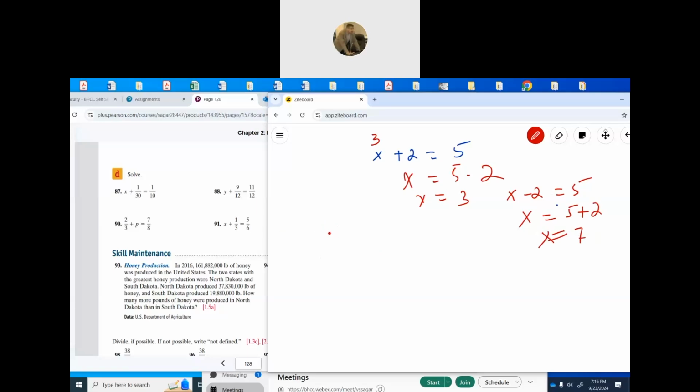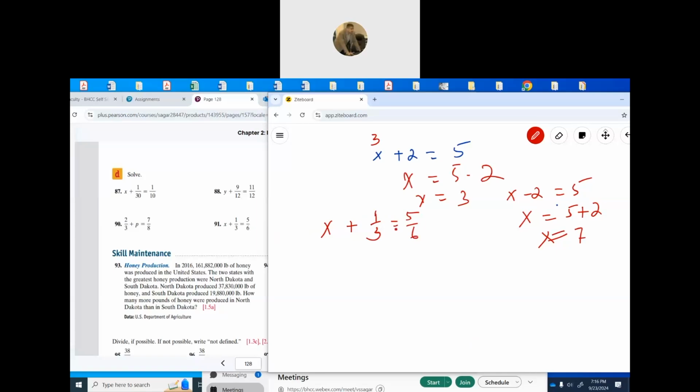So let's say if you have a fraction, now we are learning fractions. Okay, exactly the same method we're going to be using. So let's say you have x plus 1/3 equals 5/6.